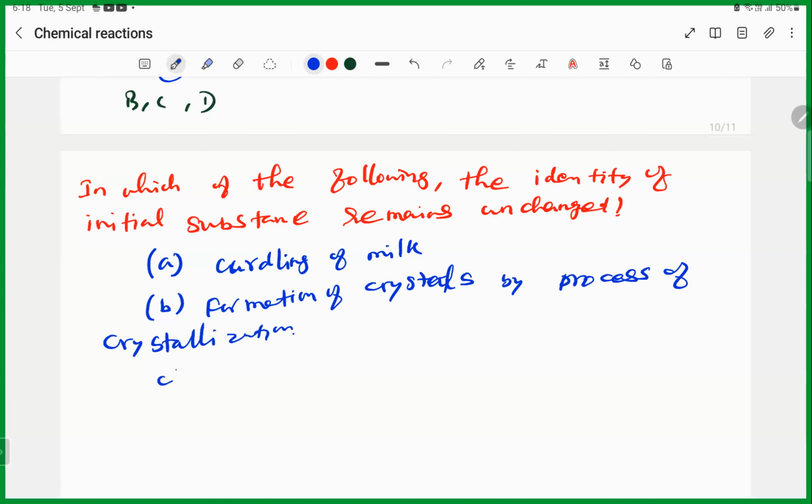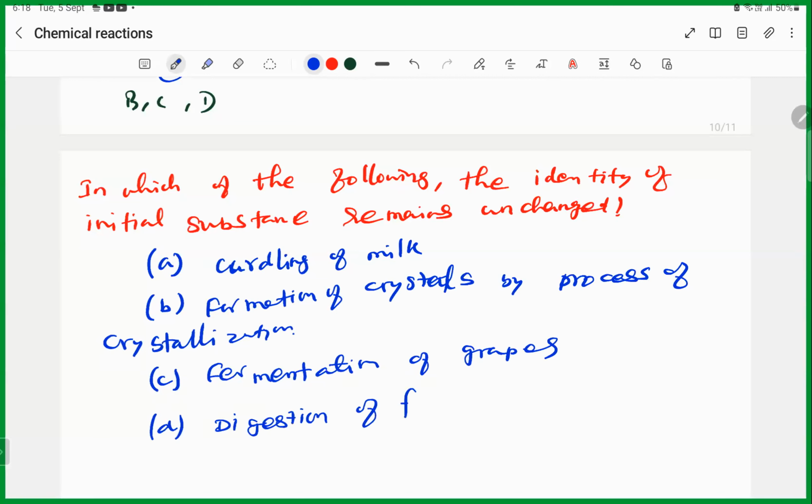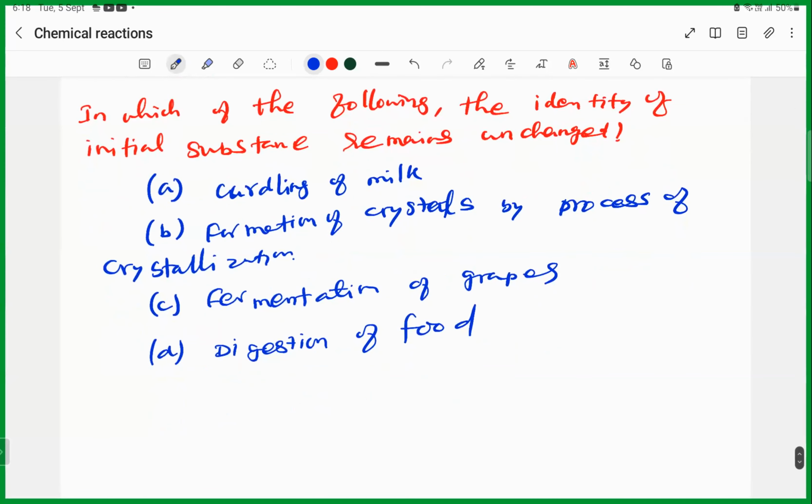And C, fermentation of grapes. And D, digestion of food. You tell me. Which is correct?